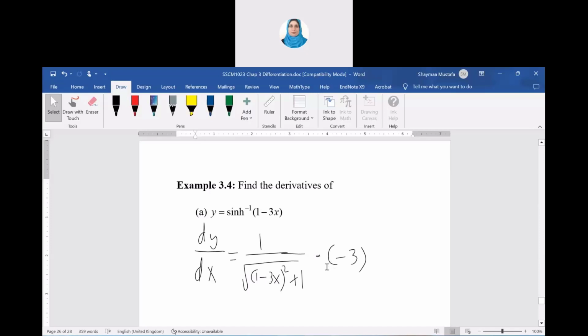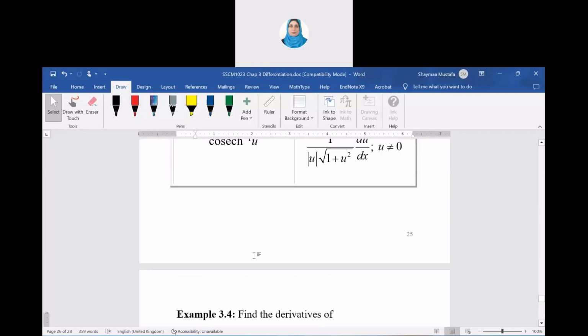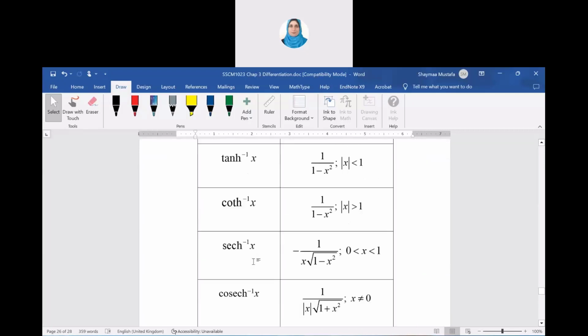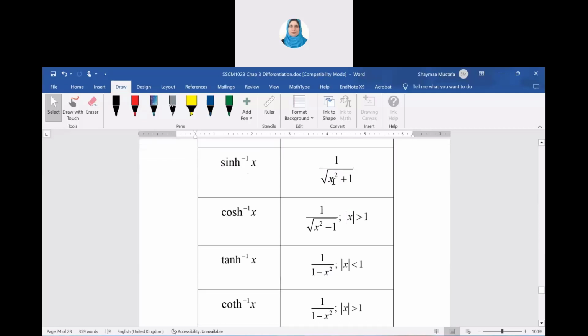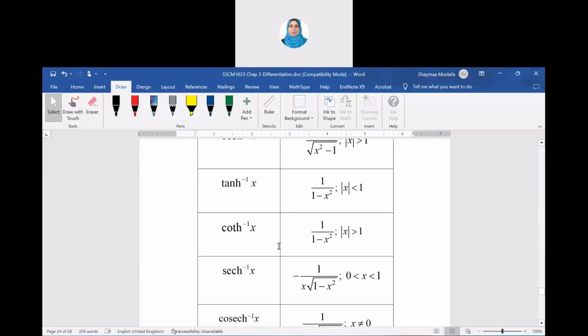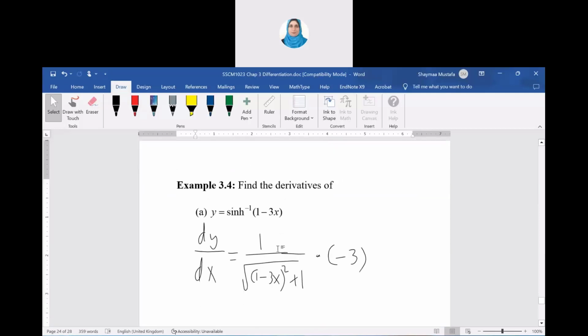So minus 3 multiplied by 1 over square root of (1 minus 3x) squared plus 1, from the formula for the derivative of sine inverse x.